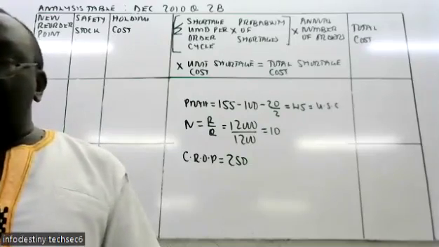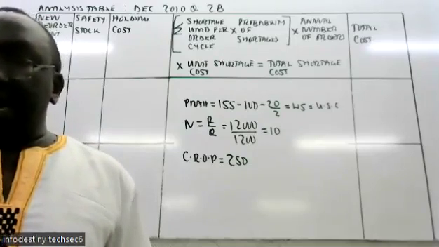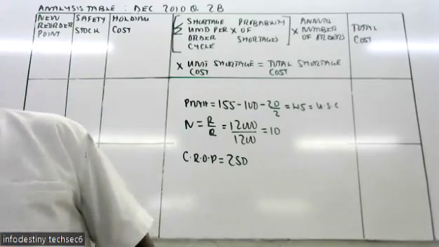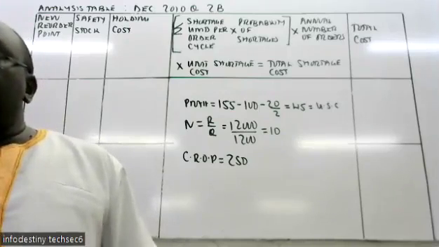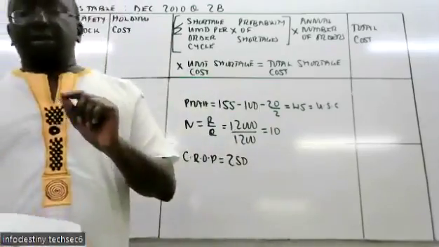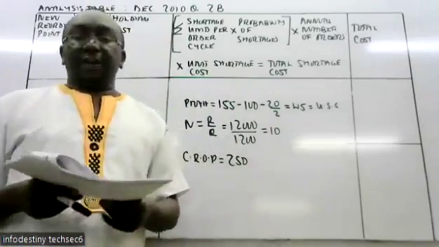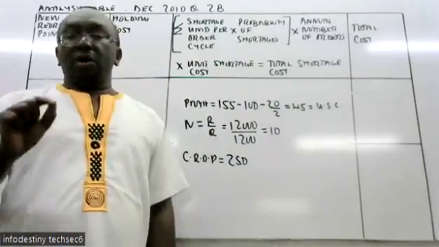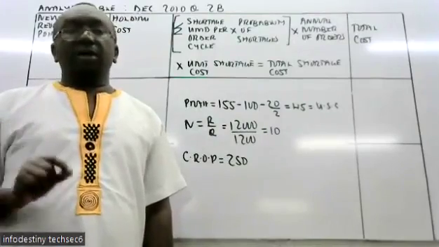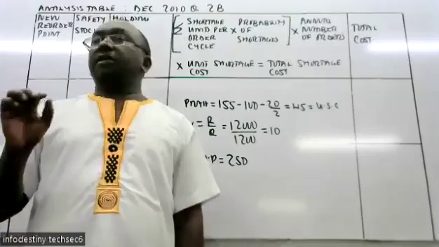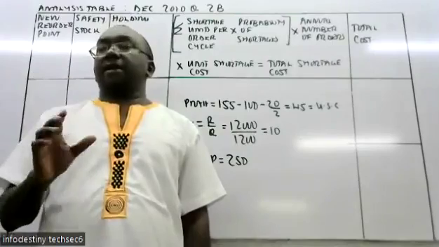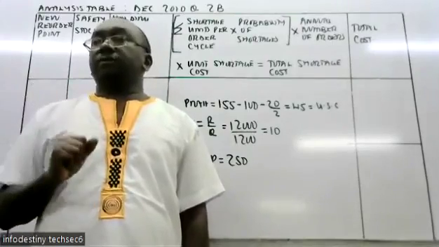Okay, Yusuf, I can see your question. You are saying I should explain when we use the annual unit holding costs and when we just use holding cost per unit. Now, the default figure that we use is annual unit holding cost. If the question has not mentioned the time within which the holding cost applies, you take it as annual.